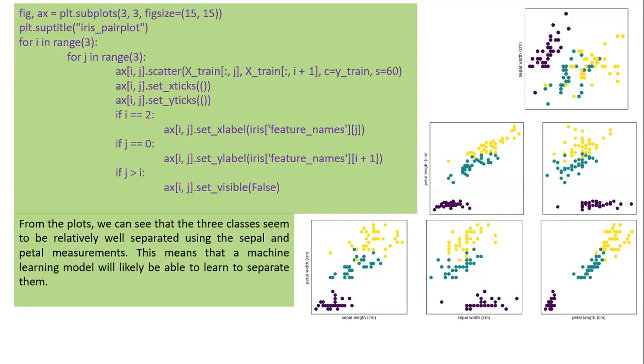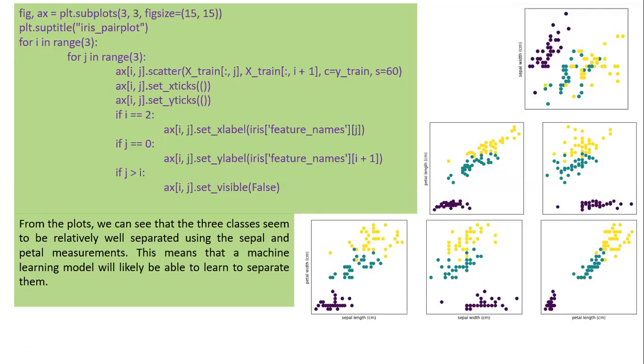So here's the code, and the first thing is that we get handles of our plot. This shows the figure size should be 15 by 15, which means we can change our plot size. We get a handle of fig and ax, and the subtitle would be Iris pair plot.